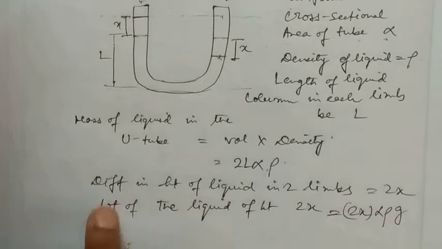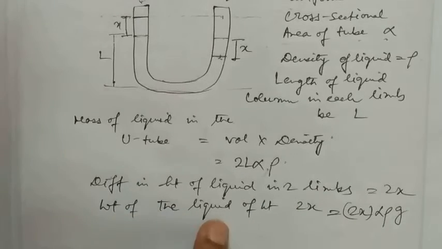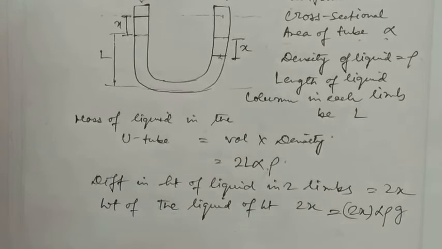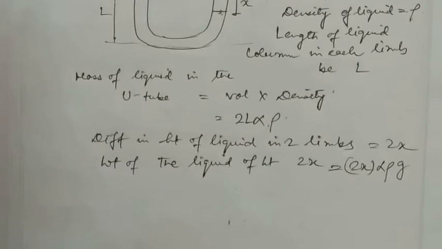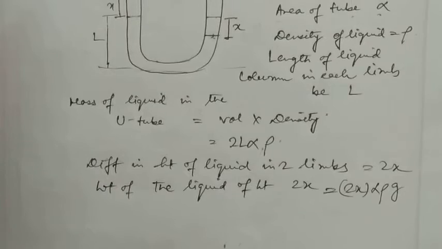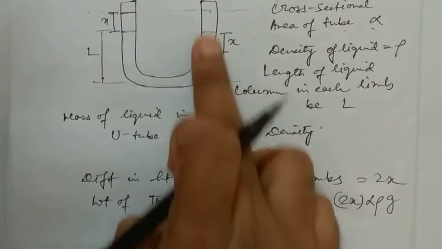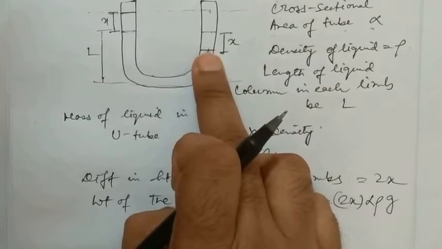Why did we find this weight of the liquid column? Because the weight of this liquid column provides the restoring force required to bring the liquid to the initial equilibrium. The liquid will always try to bring itself back to its initial position.